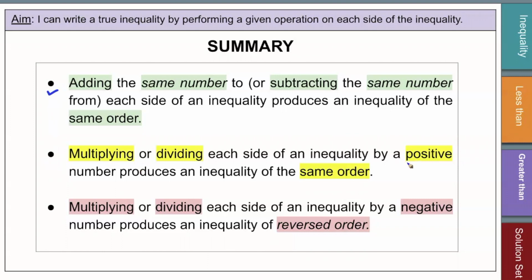On the other hand, multiplying or dividing each side of an inequality by a positive number produces an inequality of the same order. Multiplying or dividing each side of an inequality by a negative number produces an inequality of reversed order.